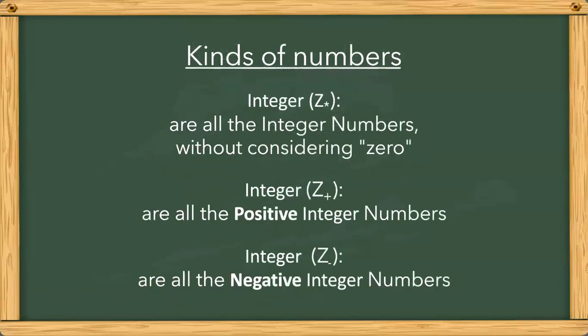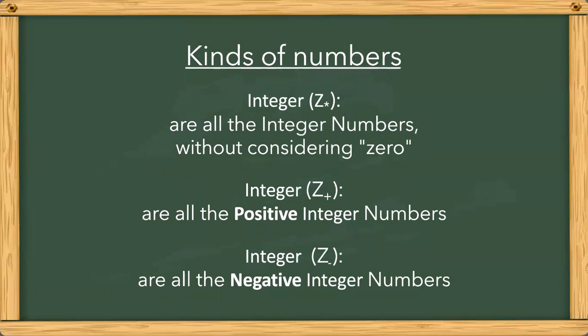Now, the group of numbers that is symbolized by the Z star symbol is the group of the integer numbers without considering zero.